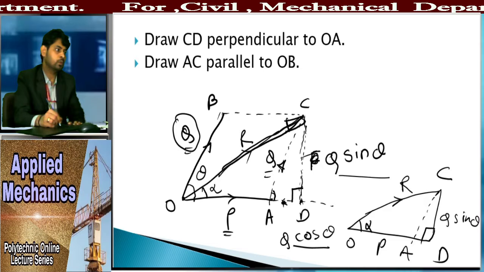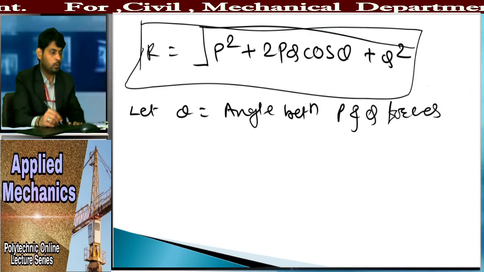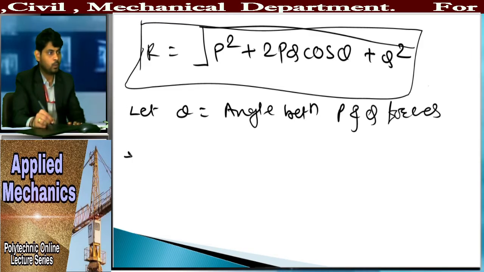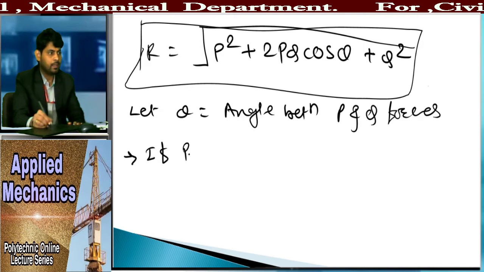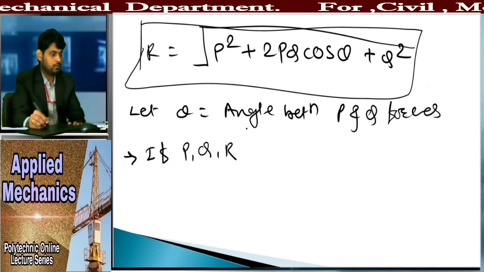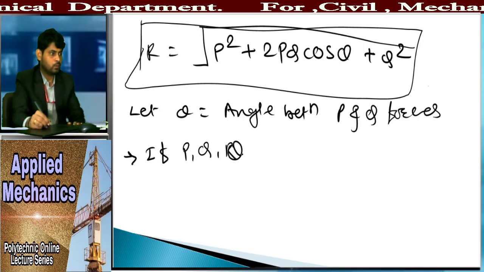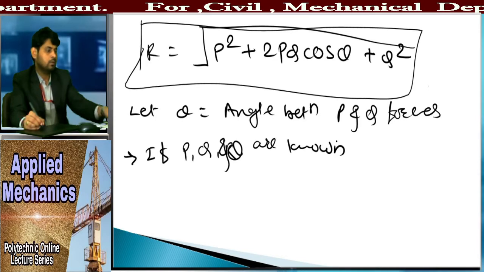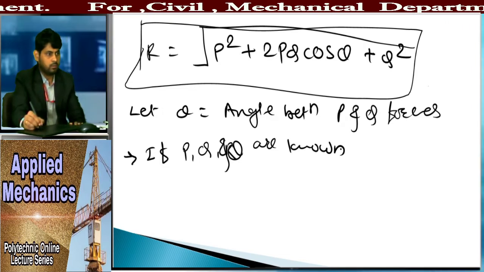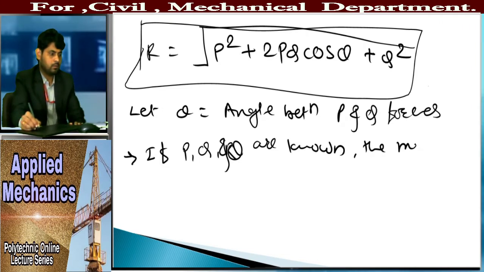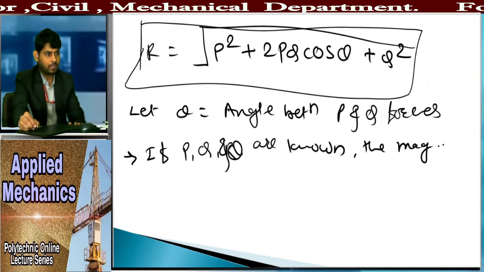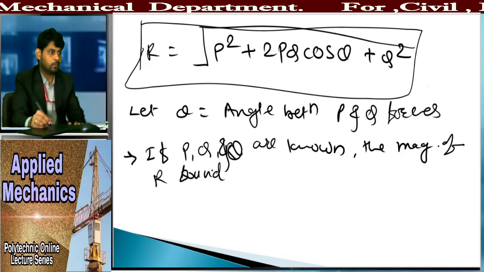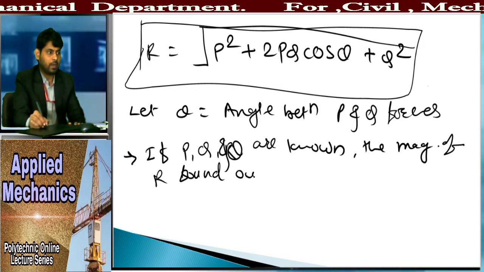So we know this term, right? You can see here, if P, Q and theta are known to us, then we can find out the magnitude of R. Once we know P, Q and theta, then we can find out the resultant.